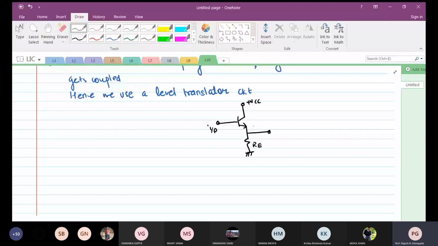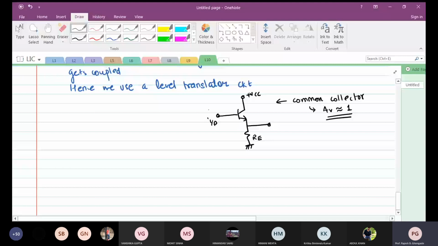A very simple circuit. Now what is the speciality of a common collector circuit? Number one, it does not give any voltage gain, so AV is nearly equal to 1. That is what we proved last semester. But whatever is the input here, let us say 2 volts, what is going to be the output voltage? Remember, this is plus or minus VBE.